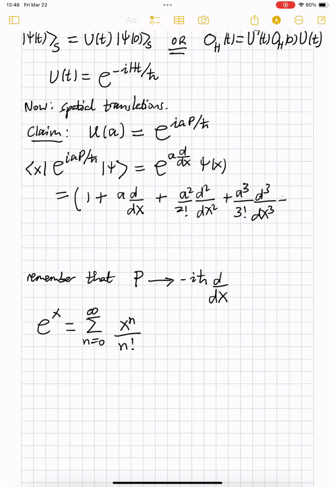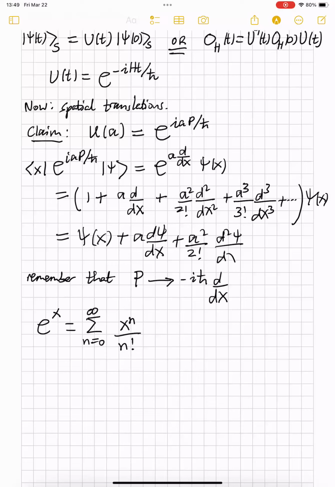And then it would continue. The power series expansion continues to infinity, and acting on psi of x, if we work out what this is, we get psi of x plus a d psi dx plus a squared over 2 factorial d2 psi dx2, and so it keeps going.